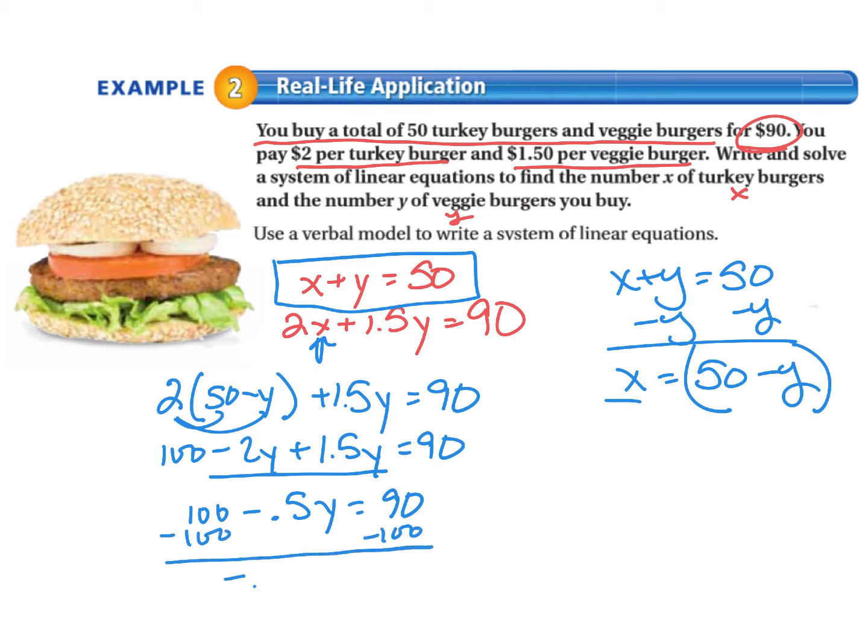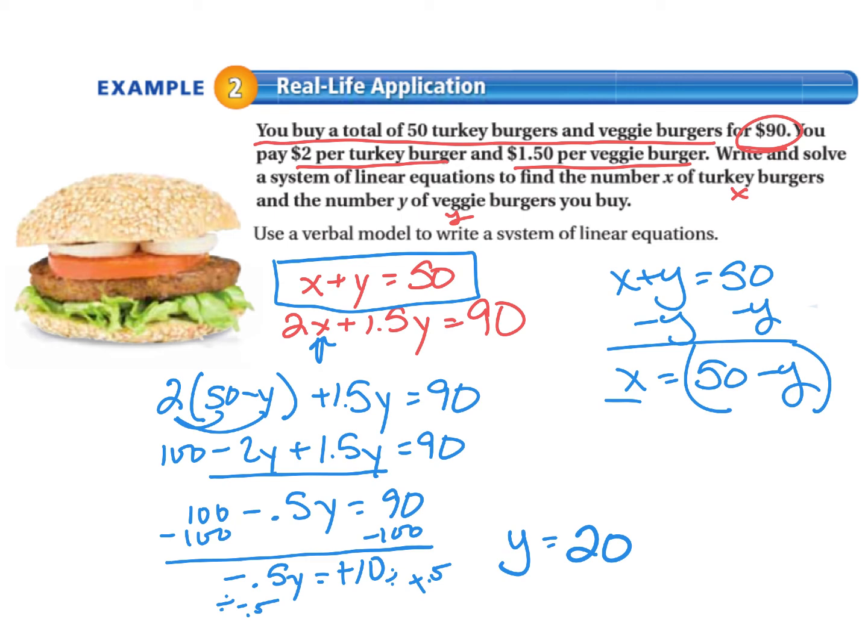I don't like all the negatives, but sometimes we have to deal with it. That gives us negative 10. So I'm going to divide by negative 5/10, divide by negative 5/10. Well, negative divided by negative gives us a positive. So how many halves are in 10? There's 20. 20 halves are in 10.